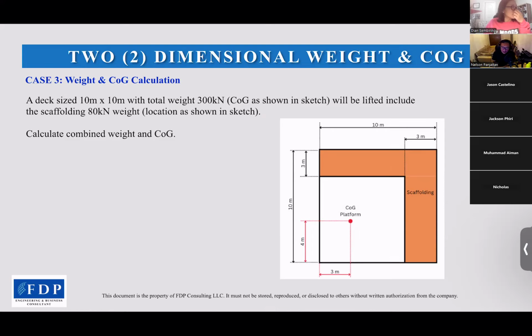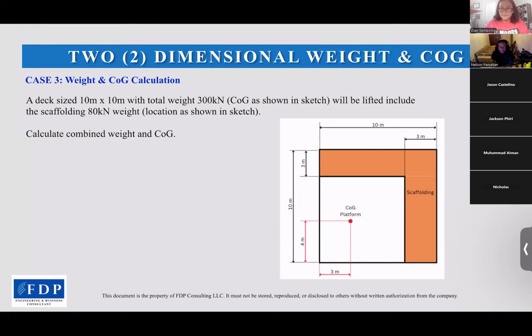There is no platform actually. I'm talking about lifting only a pipe spool, and the shape of the pipe spool is similar to the scaffolding. Okay, yes, you can. Just take out the weight of the platform, and leave it blank. Okay, thank you.